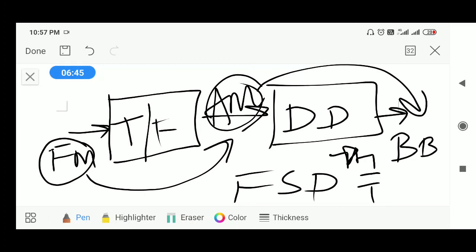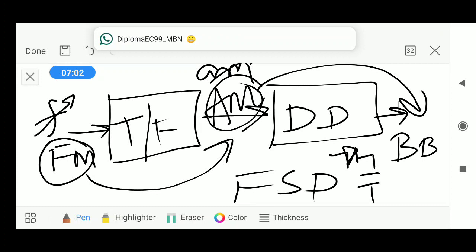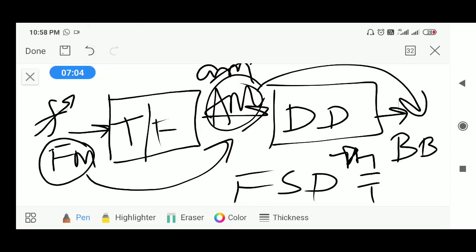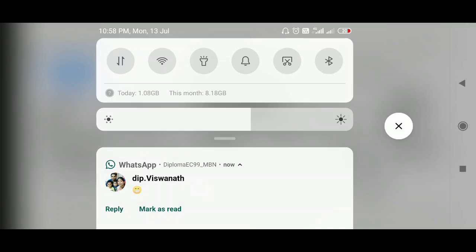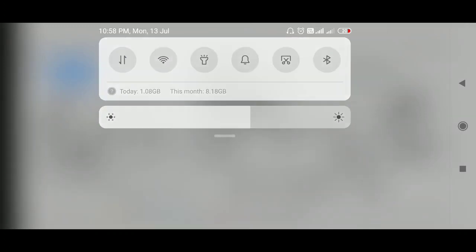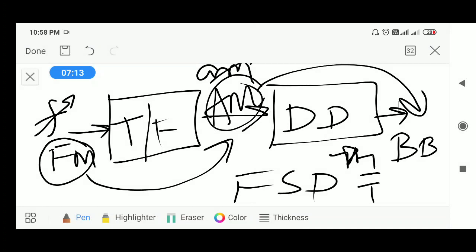And here FM signal contains frequency variations. These frequency variations are converted into amplitude variations, and these amplitude variations are converted into baseband signal. In this way the Foster-Seeley discriminator works. Right?